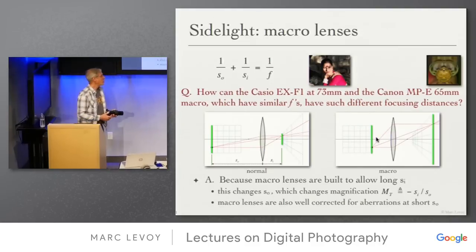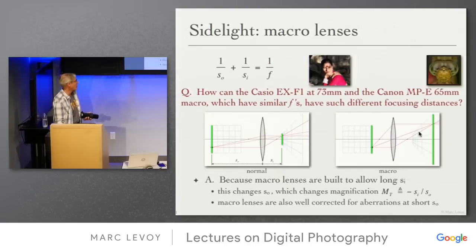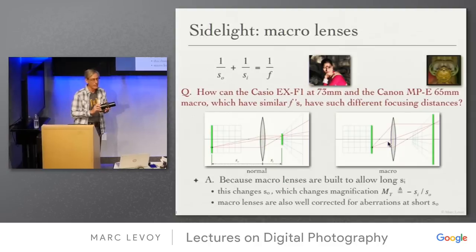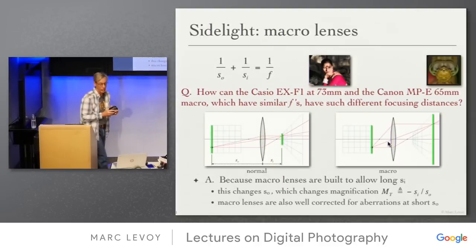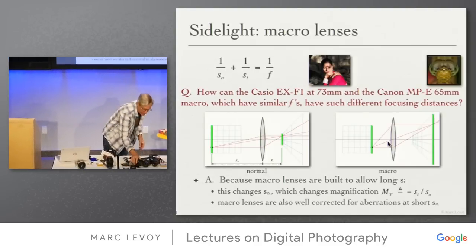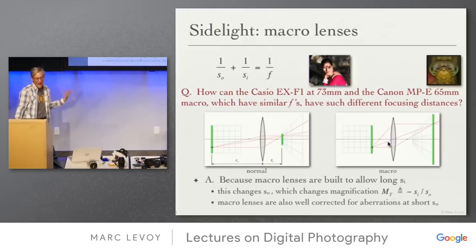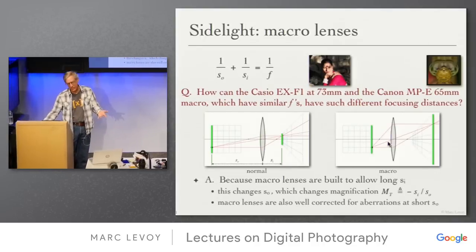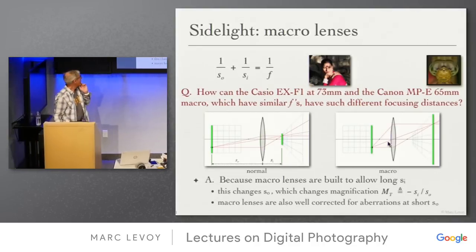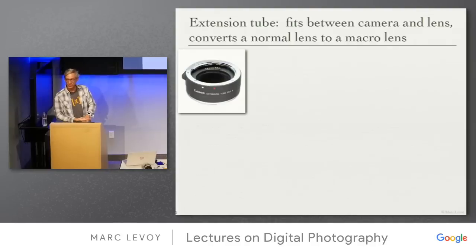Macro lenses are also well corrected for aberrations at those short object distances. And we'll talk about that next week. And so that's why it's worth getting a macro lens. But if you don't happen to have $1,500 for that lens, you can instead get an extension tube.